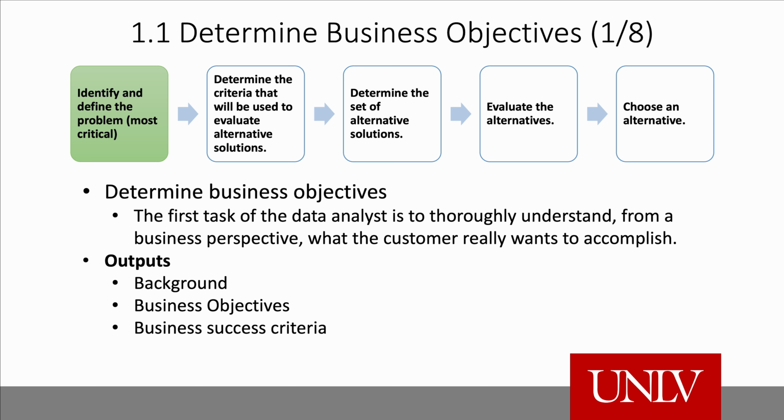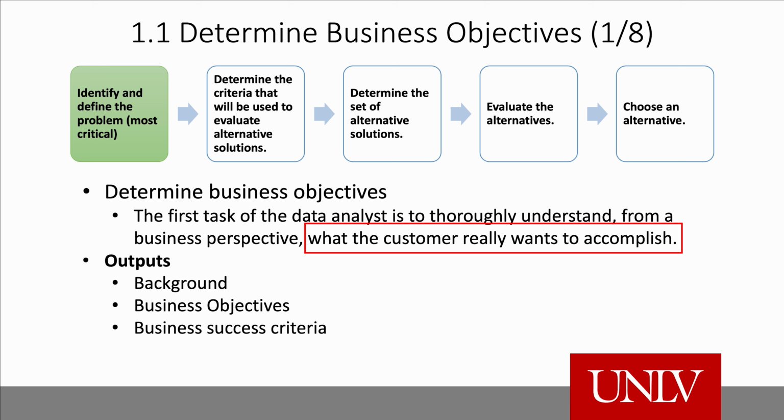The first task for any data analysis is to thoroughly understand what the business wants to accomplish. Often, business leaders have multiple goals, sometimes even conflicting ones, along with various constraints like time, budget, or resources.